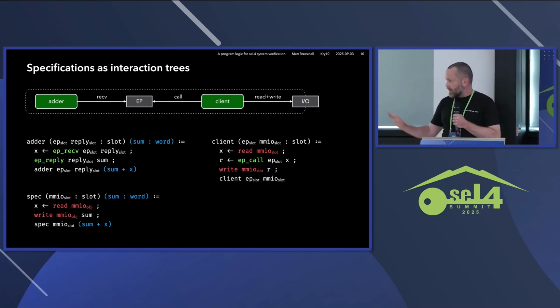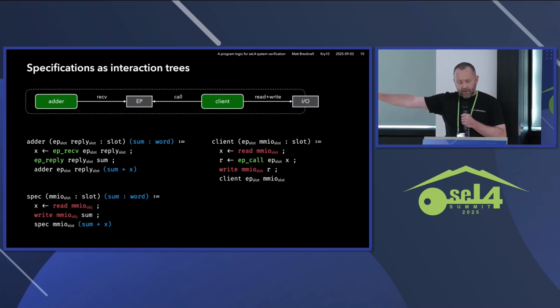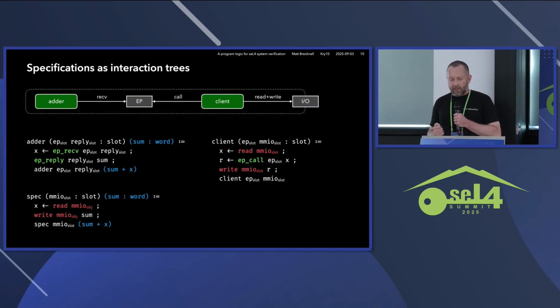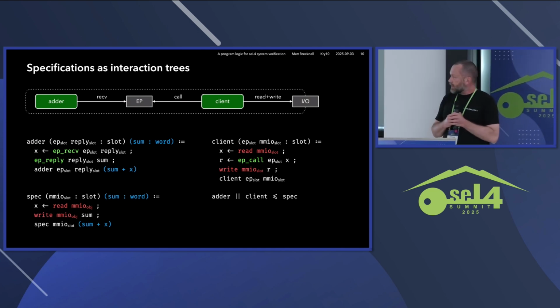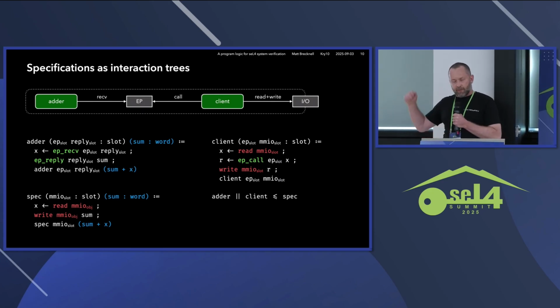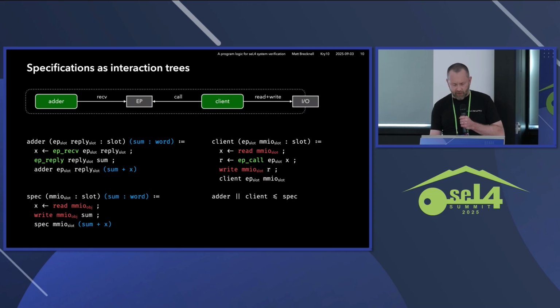You can see that the specification there has some bits that come from the client, some bits that come from the adder, and then some things like the call and the receive and the reply are handled internally. And ultimately what we want to prove is that somehow the parallel composition of those two processes refines the specification. Okay, so that's the goal.